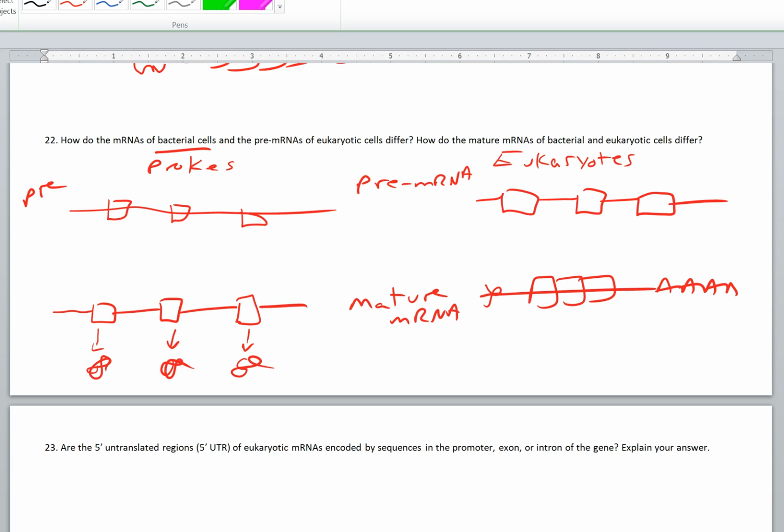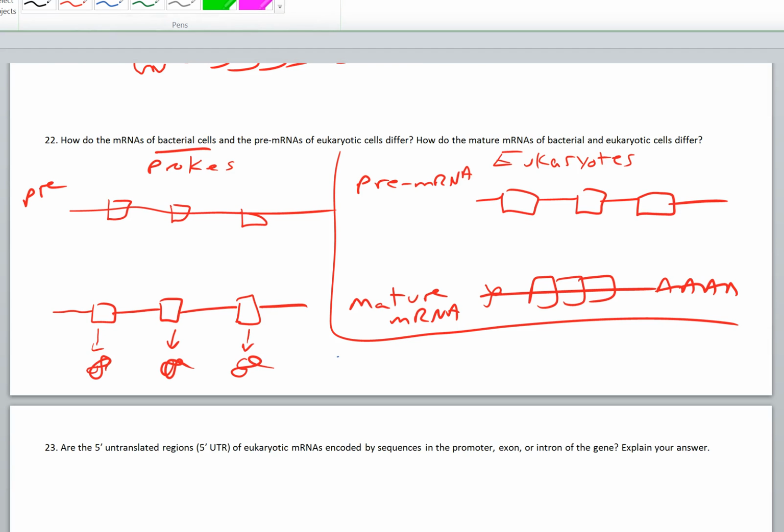Let's see. The other thing that's different, and I don't have a lot of room here, is in bacteria, if you've got your DNA and you've got RNA polymerase, and we're making an RNA, even before that RNA is done being made, a ribosome hops on and starts translating.